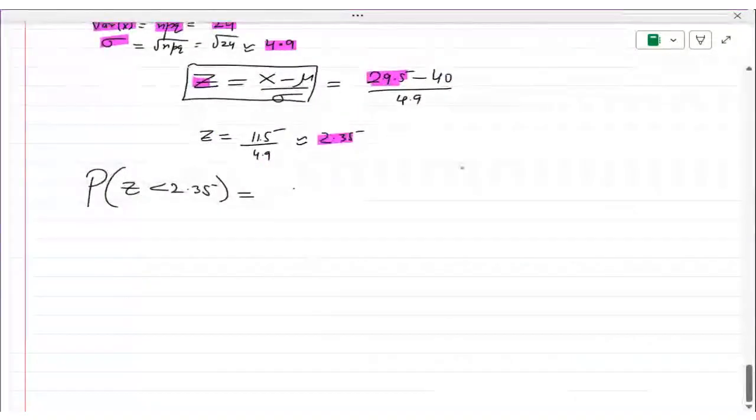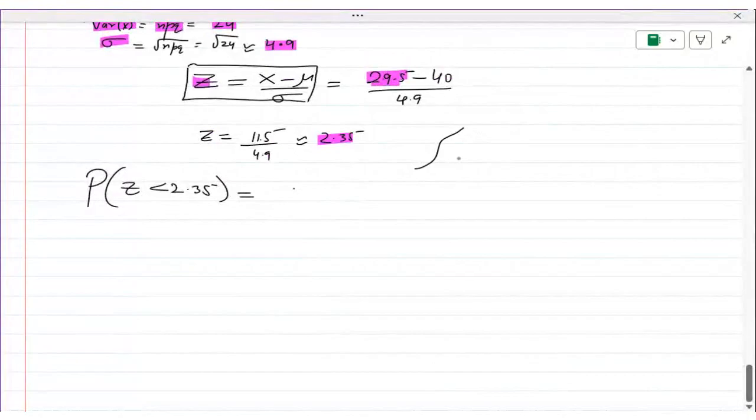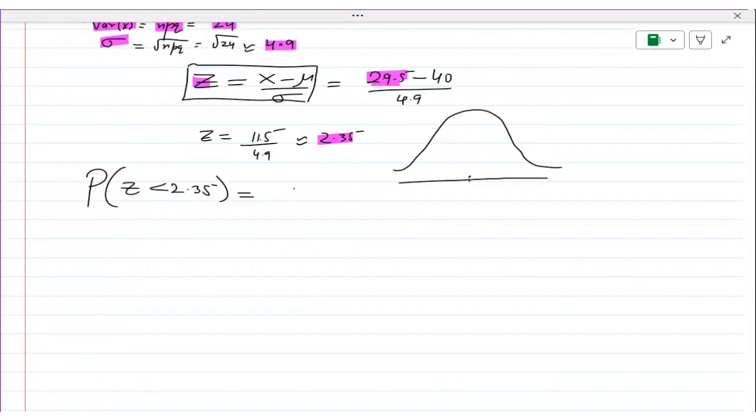So this is what I have found: Z is equal to 0 at the center, and I found the probability between Z equal to 0 and 2.35. It will be given in the exam, but you don't know which side will be given. Actually, we have to use our mind to work out how to use the given value to find the other thing.